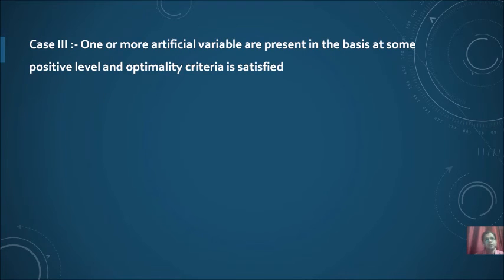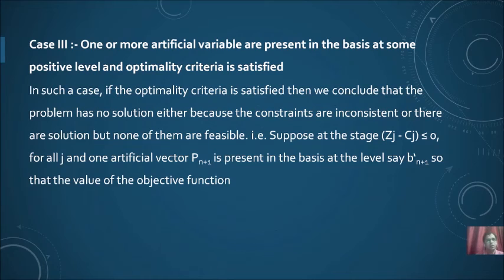Since an artificial variable is present in the basis, we conclude that the given problem has no solution and the constraints are inconsistent. So if the optimality criteria is satisfied, then we conclude that the problem has no solution, either because the constraints are inconsistent or there are solutions but none of them are feasible. That means the feasible solution is missing in this situation.